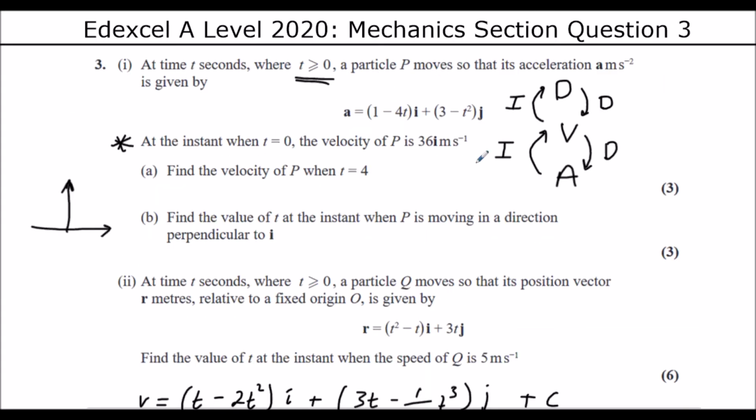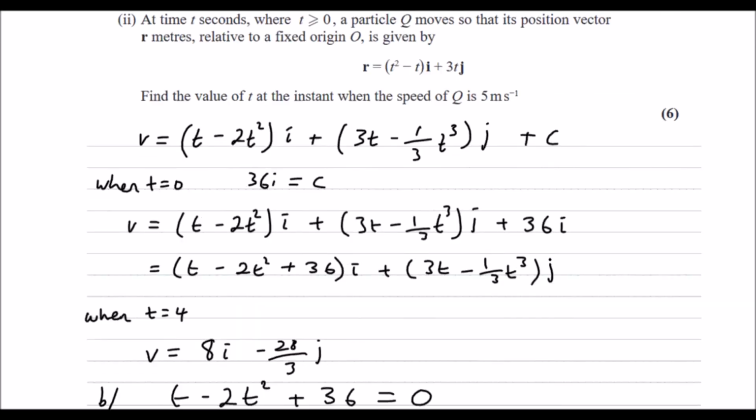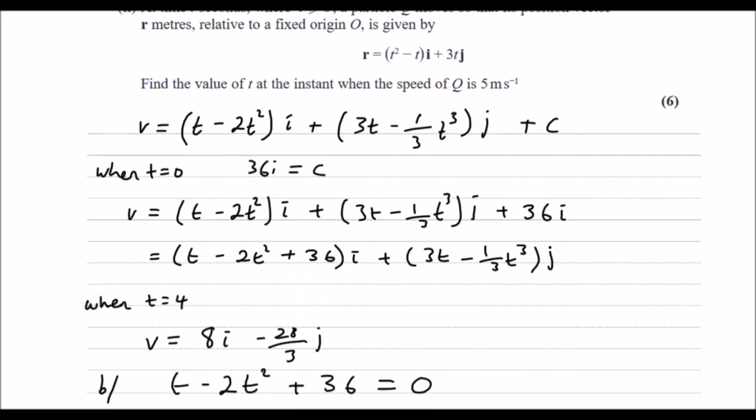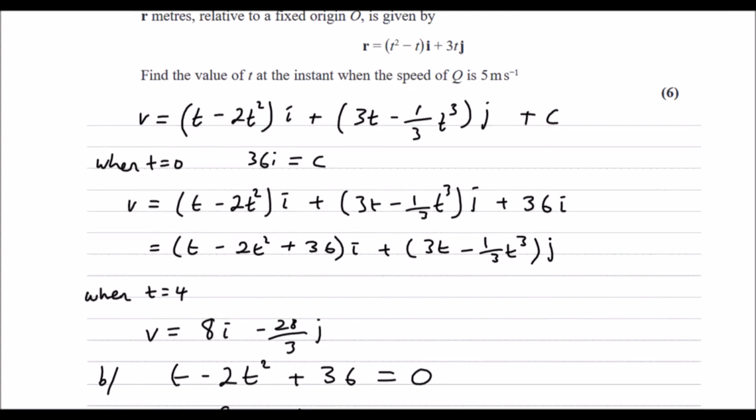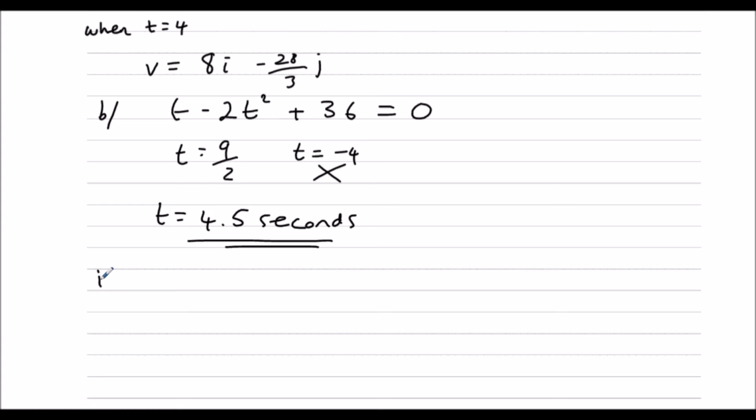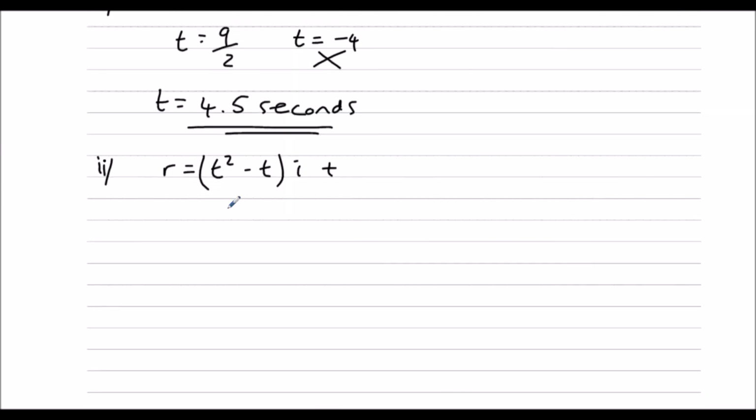So this time we've got displacement, we need velocity, so we're going to differentiate. So we're going to find the velocity first. So r is (t² - t)i + 3tj.